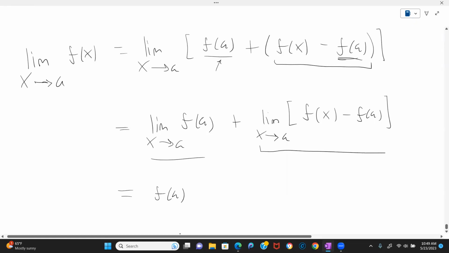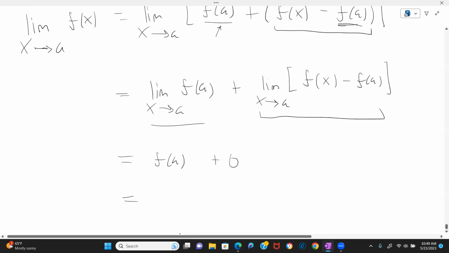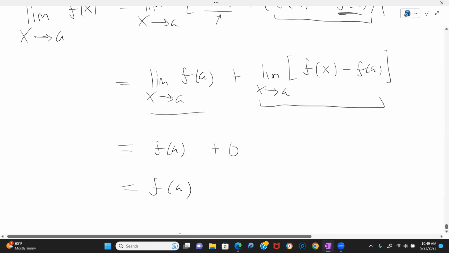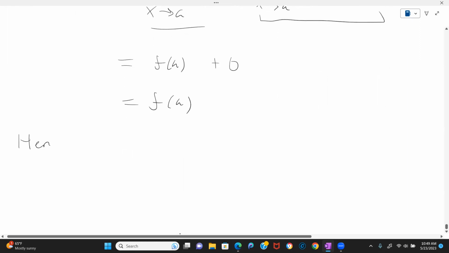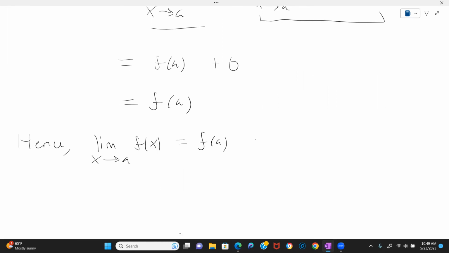The second thing we just proved is equal to 0, so this is plus 0. So overall it's just f of a. Hence the limit as x goes to a of f of x is equal to f of a. By definition, that means f is continuous at x equals a. So that finishes the proof there.